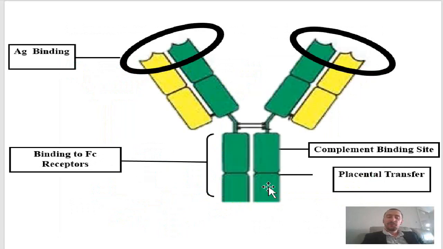Okay, and just to reiterate that this top region of the antibody is for antigen binding. Okay, these are the variable region, the sites that are specifically designed to recognize the pathogen that this immunoglobulin is targeted to recognize. The Fc region, which is here, has a number of functions. One is to bind the Fc receptors.